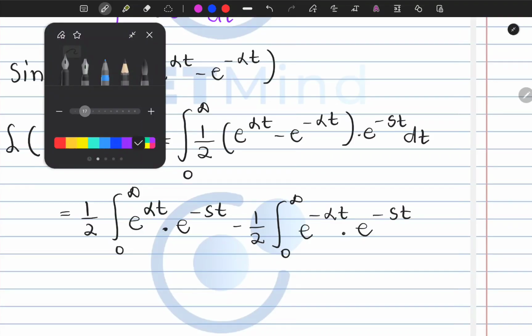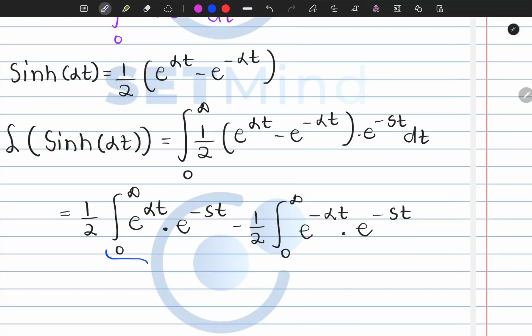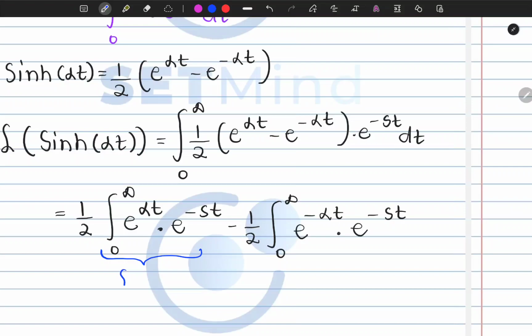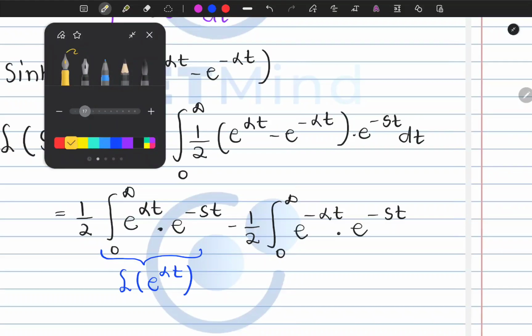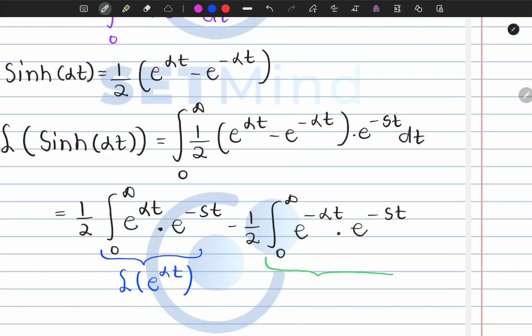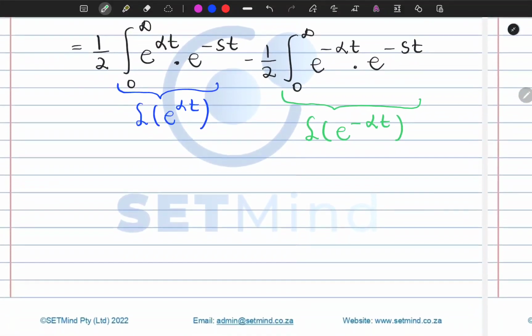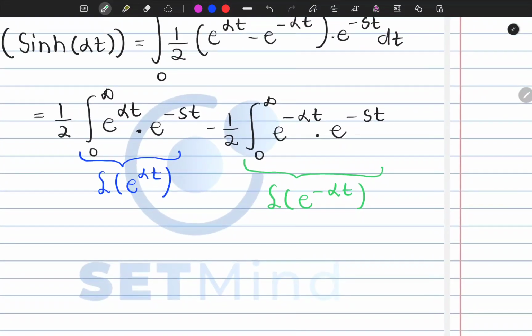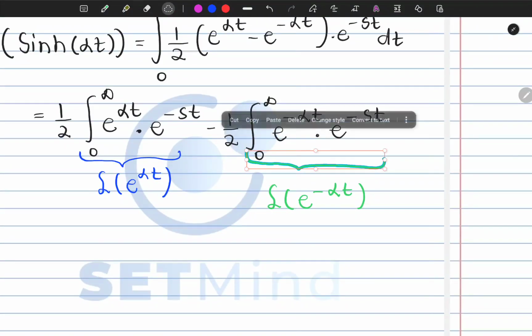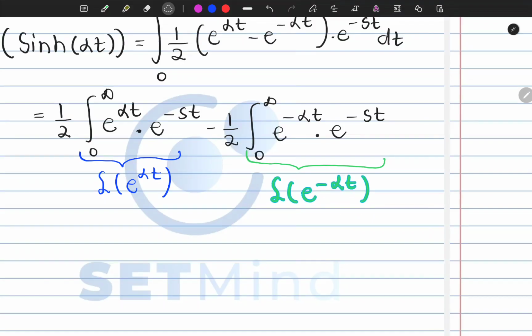If you look at these carefully, this here is as good as the Laplace transform of e to the alpha t, and the other portion is as good as the Laplace transform of e to the power of negative alpha t. But I'm going to use the advantage that I already know this; we've done it before.